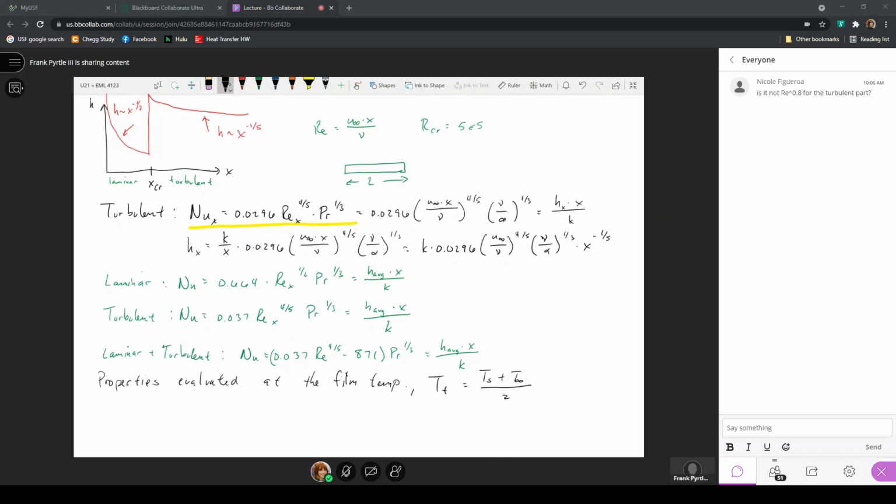So recall that if I have a plate that has a temperature Ts and there is a free stream temperature T infinity, when that boundary layer grows over the surface, the temperature outside the boundary layer is everywhere T infinity. The temperature on this surface is constant for an isothermal plate. So inside this boundary layer is where we have temperatures that vary between T infinity and Ts.